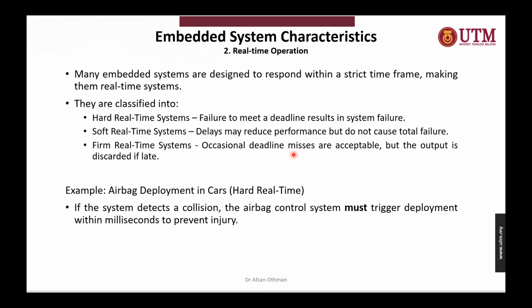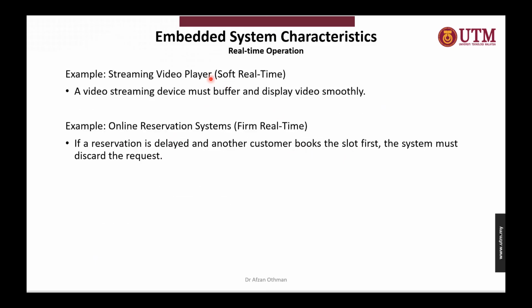Another example for the soft real-time system is a streaming video player. A video streaming device must buffer and display the video smoothly. For example, you are watching a live broadcast of a football match.